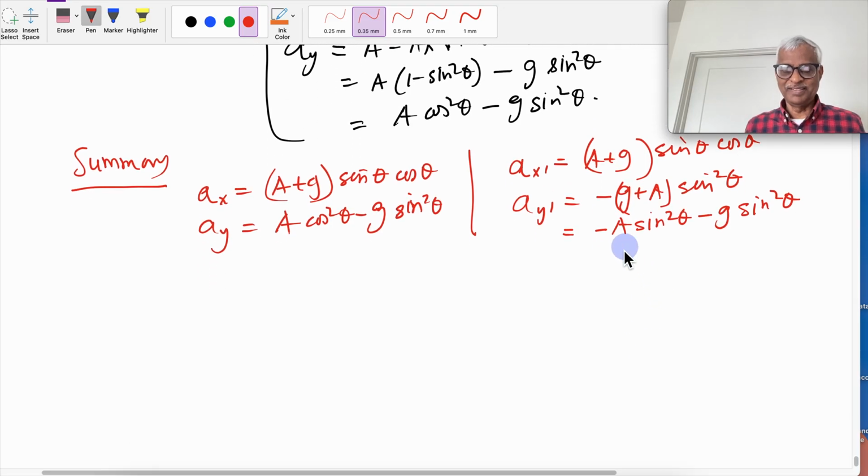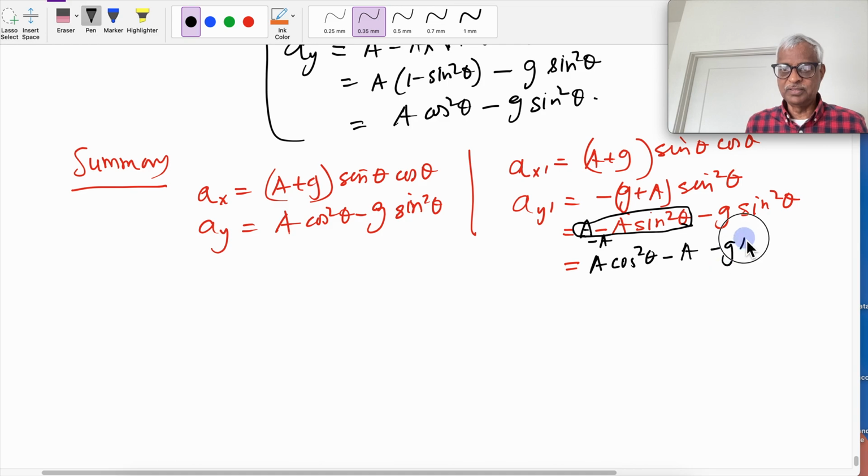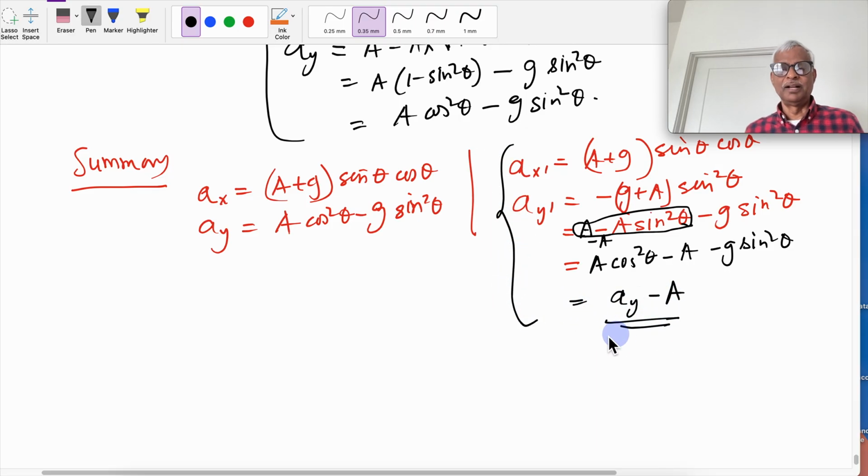So if you're going to write that, I want to compare with that, add A and then subtract A. So this part will become A cosine square theta minus A minus G sine square theta. So this becomes AY minus A. Kind of makes sense, right?